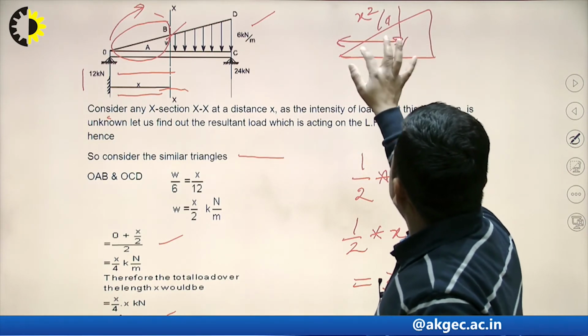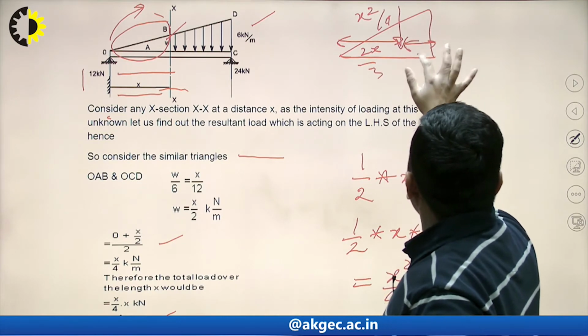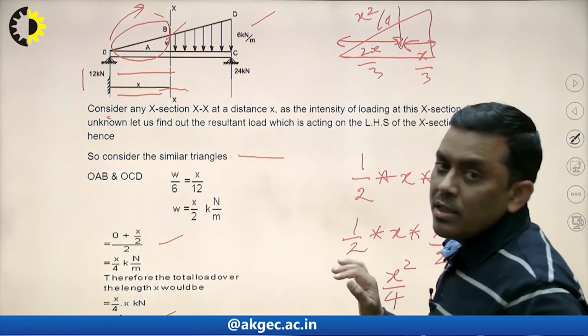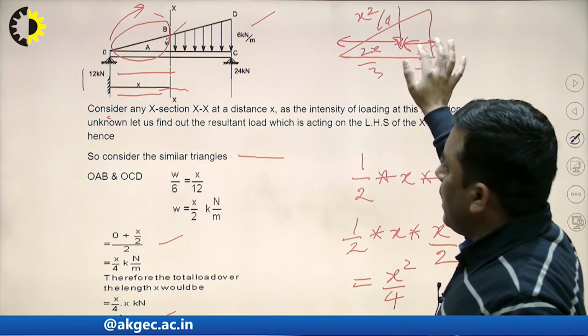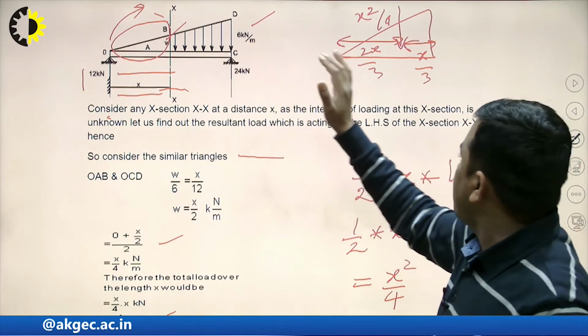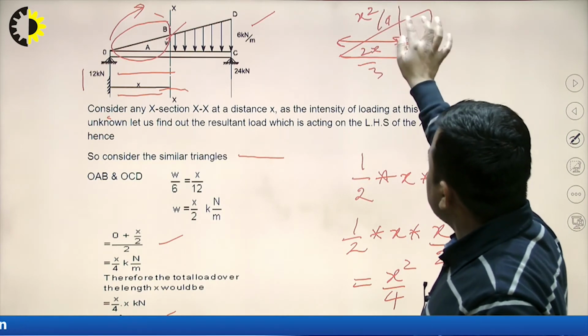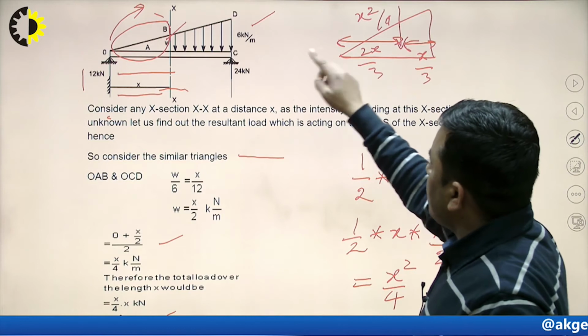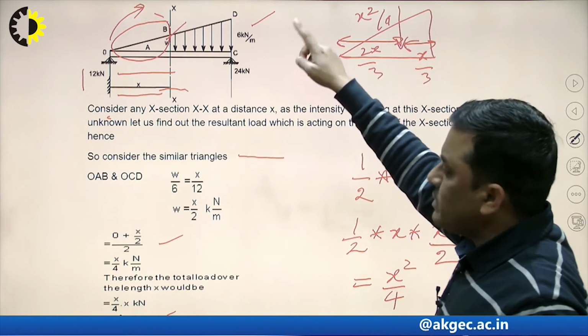It is 2x by 3, and from the section plane it will be x by 3. When I am converting this UVL on the left side of the section plane into a single point load, it is x square by 4, and the position of this load is 2x by 3 from the starting point and x by 3 from the section XX.